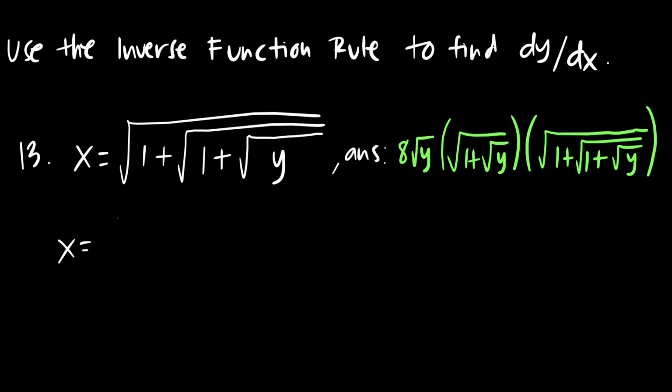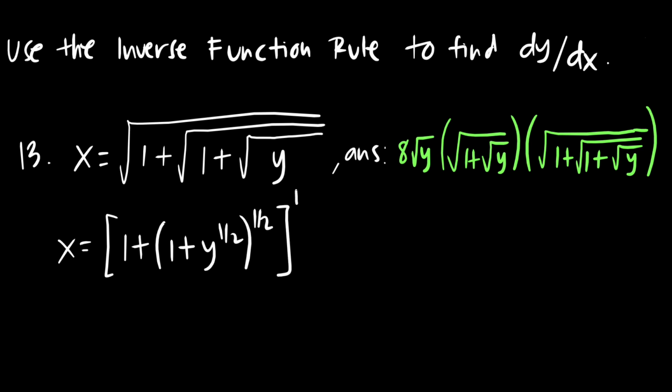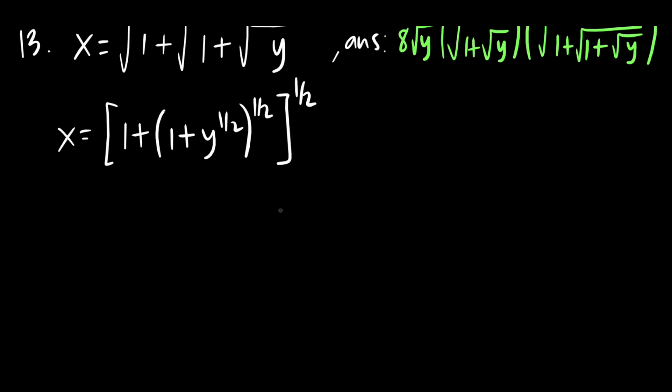So we have 1 plus y raised to the power of 1 half. So it is raised to the power of 1 half, and then it is also raised to the power of 1 half, right? So we'll have dx over dy.